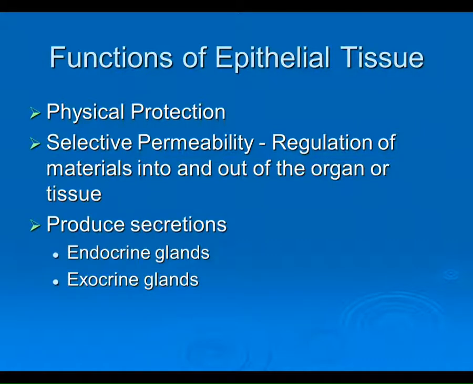So what is allowed into or out of the digestive system is largely defined by the cells lining the digestive gut. Now, epithelial tissues are also the major component of your glands.